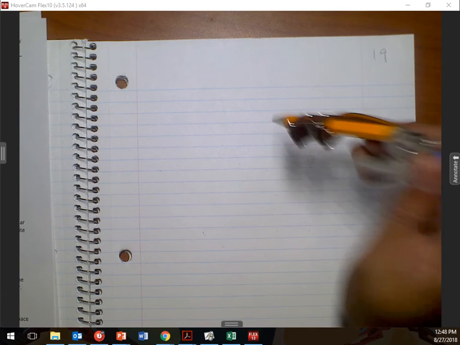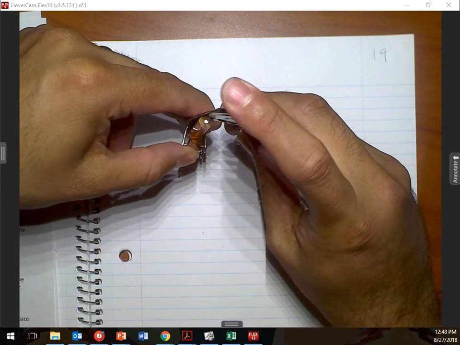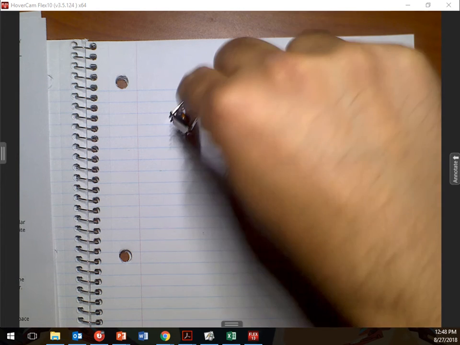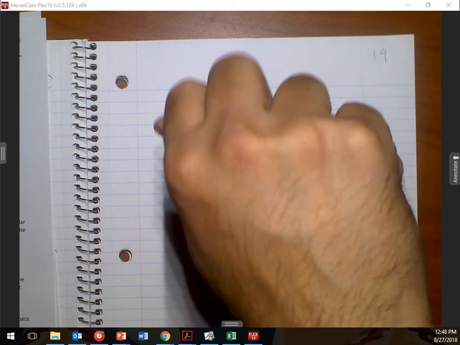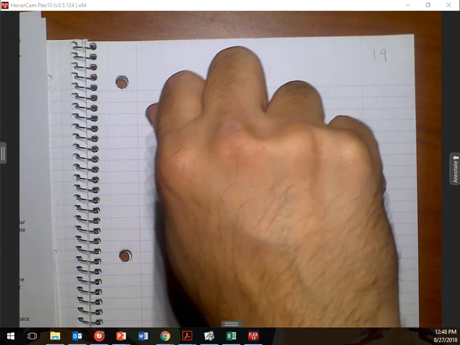So if I'm starting with a regular hexagon, I am going to stab and make my circle. If you notice, not all of them have a circle on them. So that means not all of them are going to have this circle.